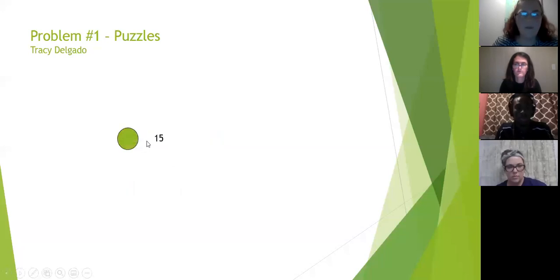The next one, we were given 15 in the middle, a blank on the left, a blank on the right, 12, 9, and a blank circle here, 6 in the middle, and 4 on the right. So what I did here was 10 plus 5 equals 15. 12 minus 10 equals 2.